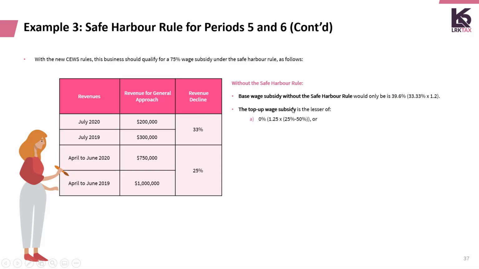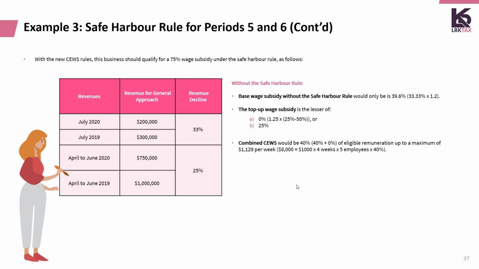Top-up wage subsidy is the lesser of this formula, which is 0, because you need to be above 50% to get into variable A. So the combined CEWS is 39.6 plus 0% is 39.6%, or rounded up 40%. 40% times 20,000 is $8,000. So that's your CEWS subsidies computed normally.